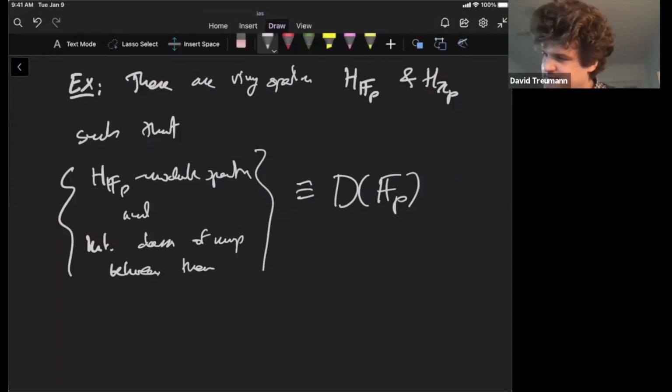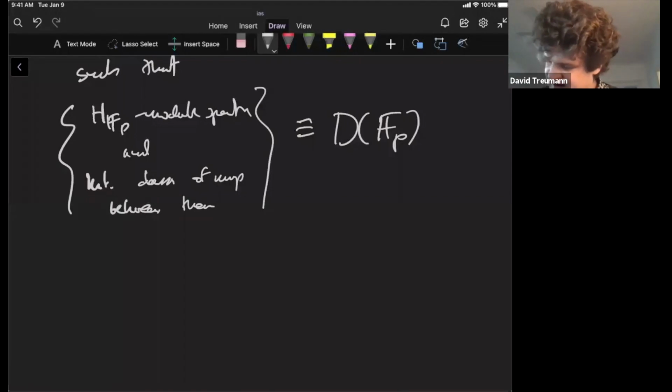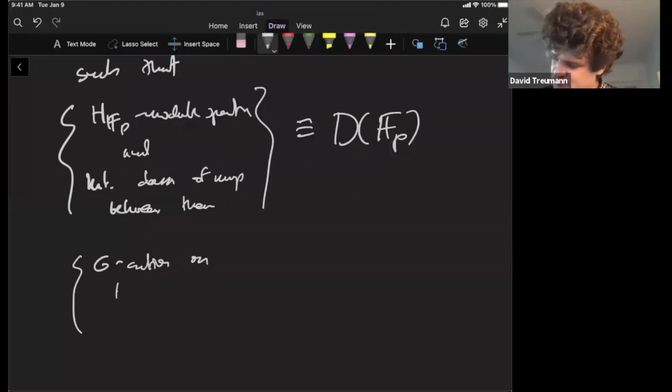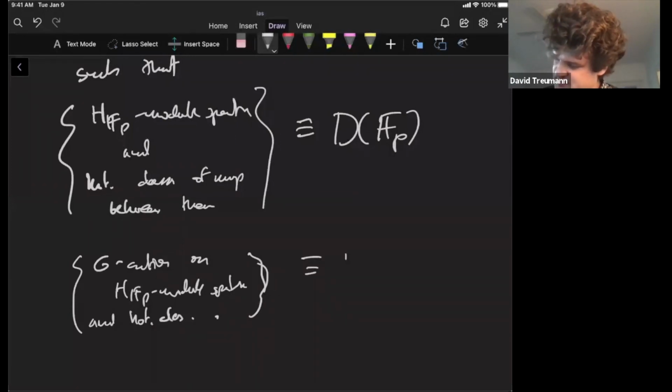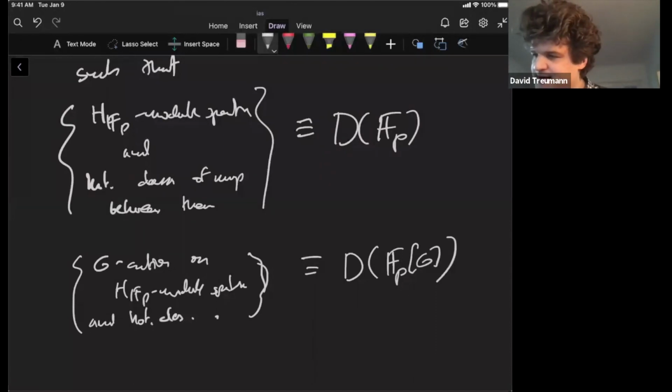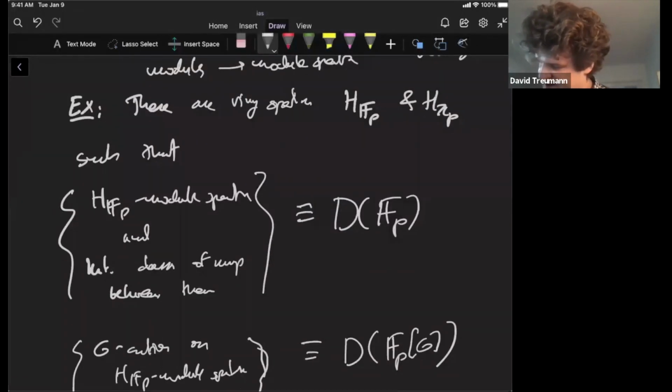And then suitably defined G actions on HF_p module spectra and homotopy classes of maps between them: that's the usual derived category of modules over the group algebra. And the same with F_p replaced by Z_p.